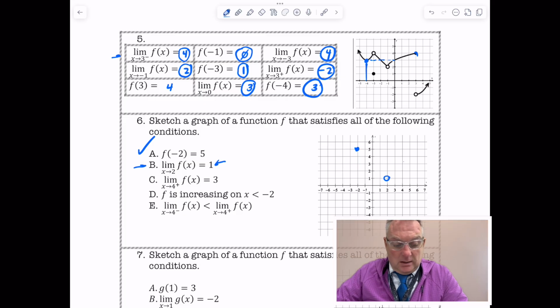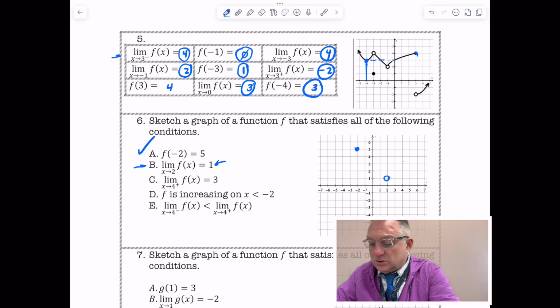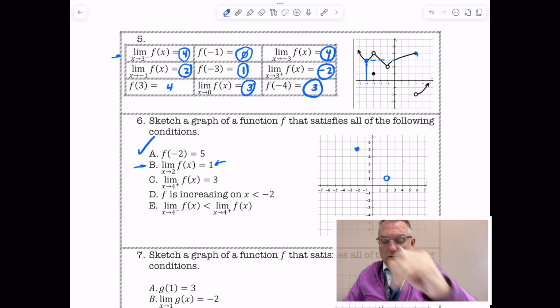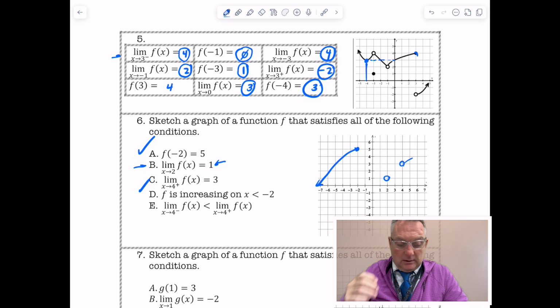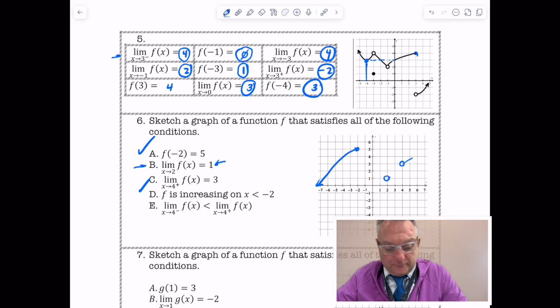Okay? And then now they tell me f is increasing from anywhere less than -2. So notice I had the -2 thing right there. So I'm just going to draw a piece of graph going off of that like this. That way it's increasing as it approaches that. Okay? And then lastly, the limit as x approaches 4 from the negative side is less than from the positive side.